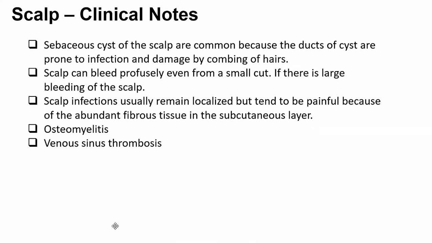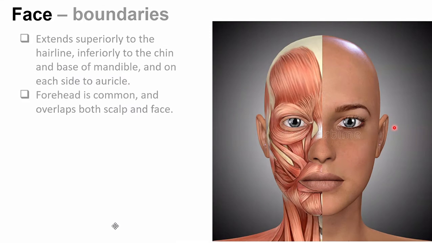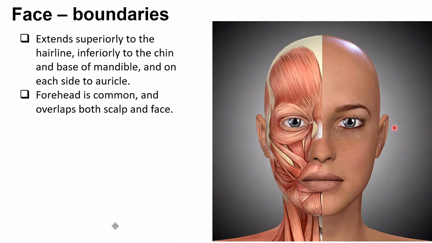All right, now we go to the face. We have learned, by the way, the boundaries of the scalp. Now we have to know the boundaries also of the face. It extends superiorly to the hairline. Dito nagsa-start yan. Kung saan nag-start ang hairline mo, that's the superior border of the face. And inferiorly, just below the chin and base of the mandible.